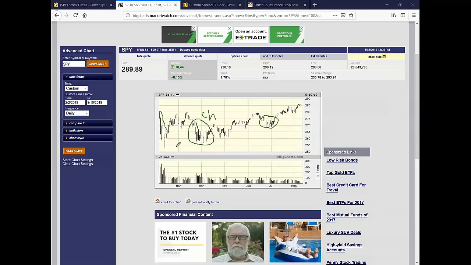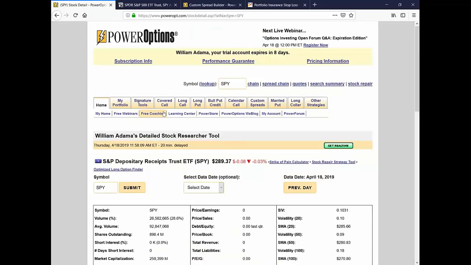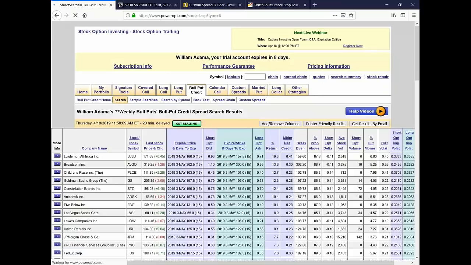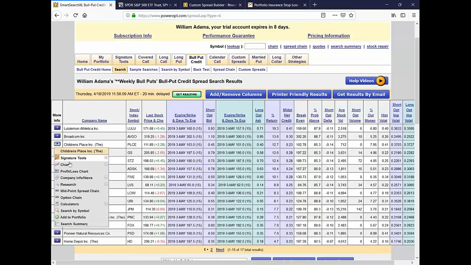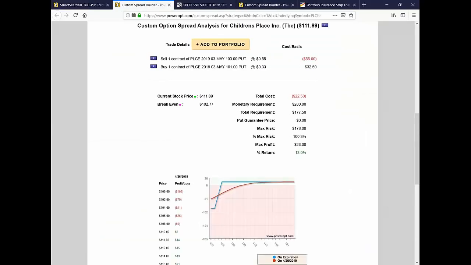But in any case, when you're in a bullish vertical spread of any kind, you're going to take a large loss. It's going to break through at least your short put strike price on this unexpected event. Let's go back to Power Options, and let's go to our bull put search once more, and let's just take that one we were looking at, the PLCE, the Children's Place profit and loss chart, 20-cent net credit.